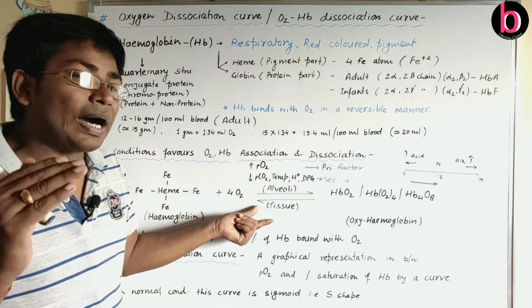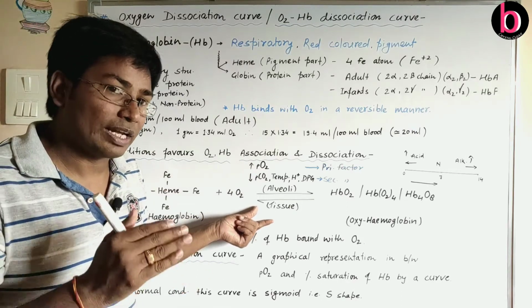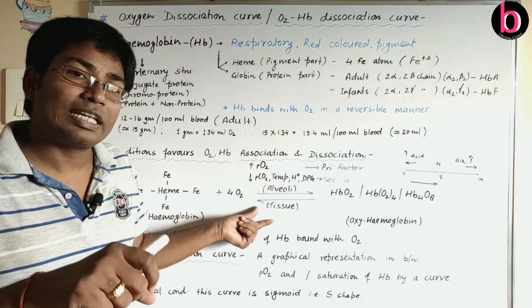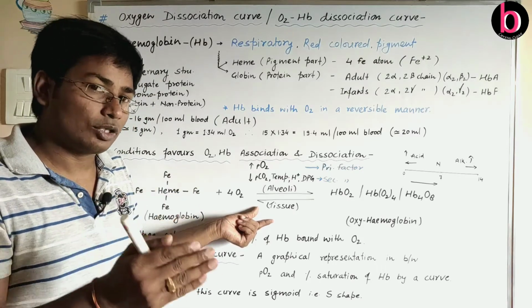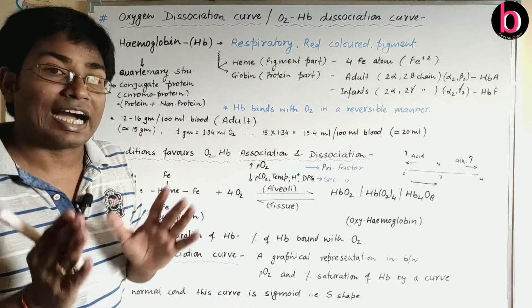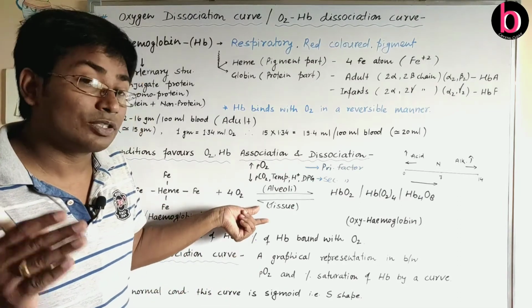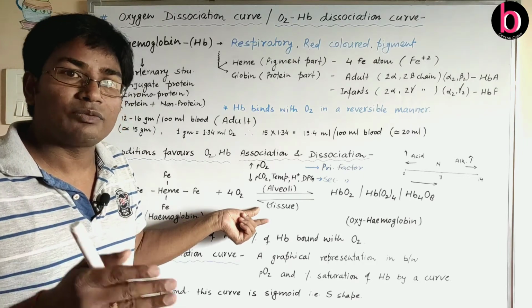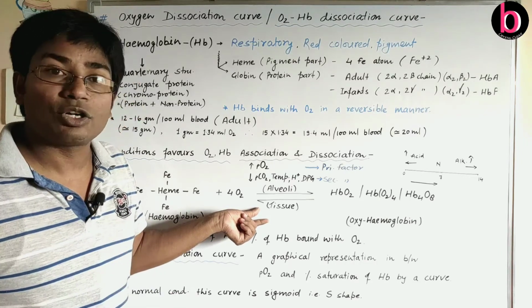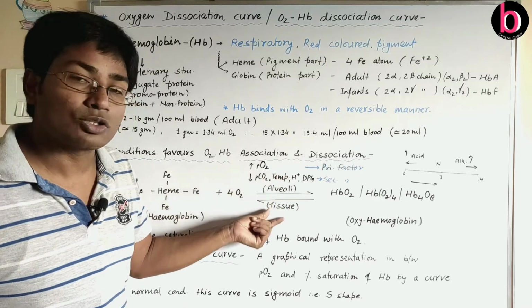So when oxyhemoglobin reaches body cells or tissues, then the condition is just reversed. Here partial pressure of oxygen is very low. Why? Because oxygen is getting consumed by the cells and there will be production of carbon dioxide, so partial pressure of CO2 will be high. Respiration is going on, and in respiration we already know there will be release of energy, so temperature is also high.